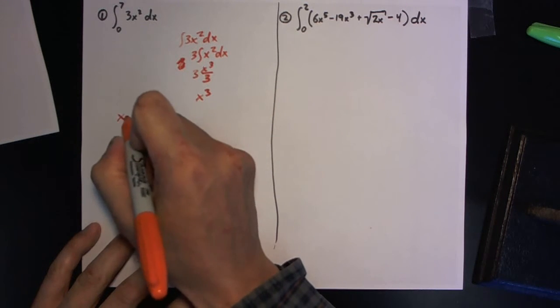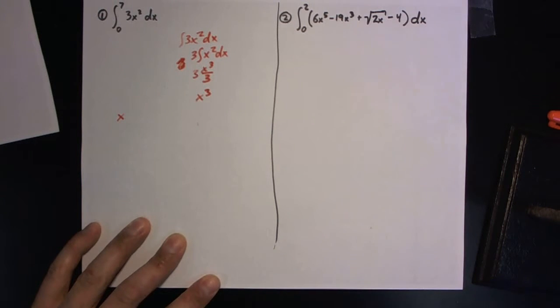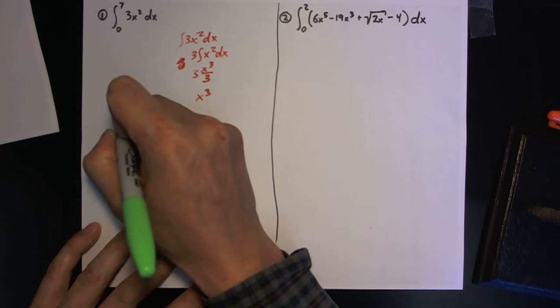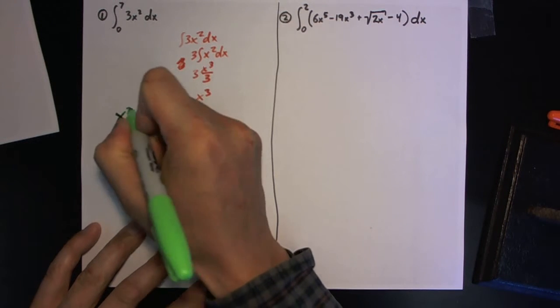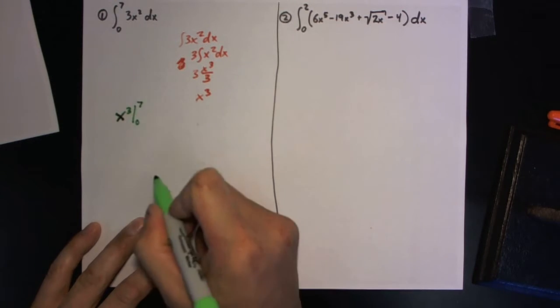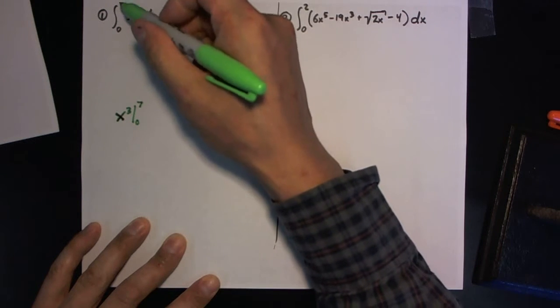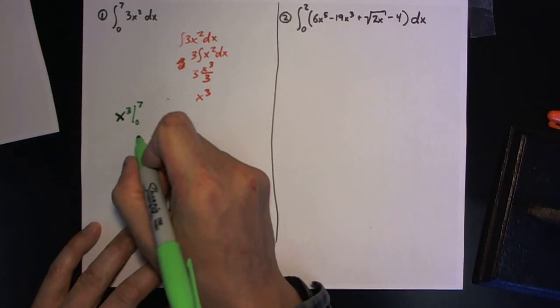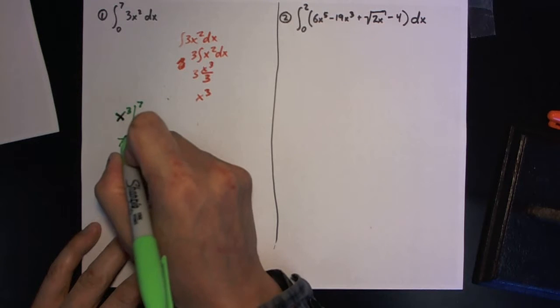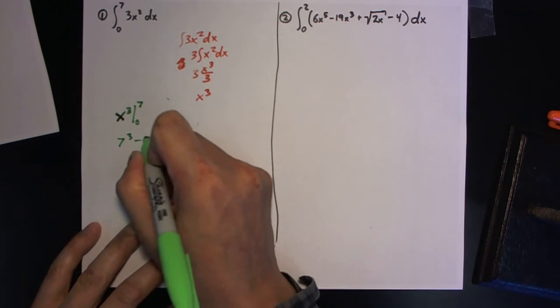Now we need x cubed evaluated at 0 and 7, the same boundary values I had up here. So we get 7 cubed minus 0 cubed.